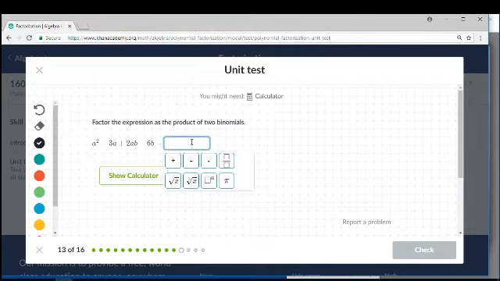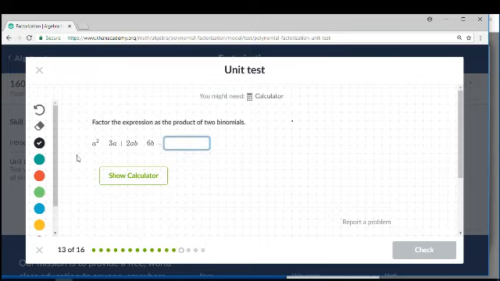All right. Factor the expression as a product of two binomials. Here I'll have to write things out a little bit, okay? What we're going to do is factor by grouping. A squared and negative 3a, we can factor out an a.